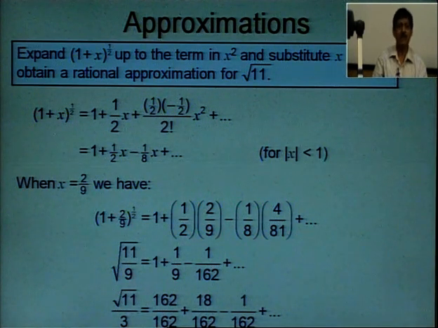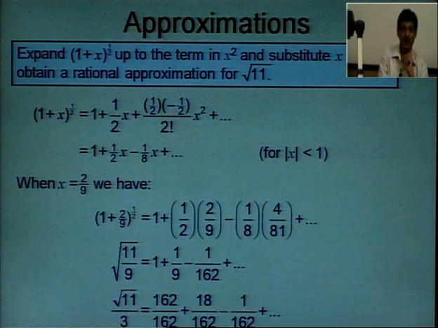And in this case, this is an example, you can try yourself. Expand 1 plus x raised to power half up to the term in x square and put the value x equal to 2 by 9 to obtain a rational approximation for square root 11.